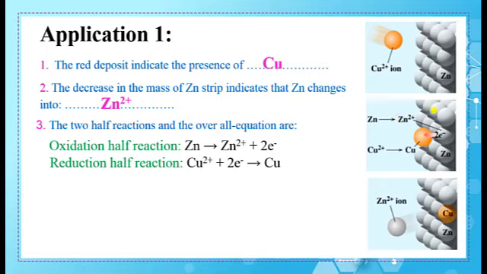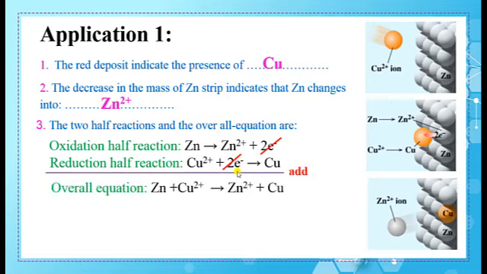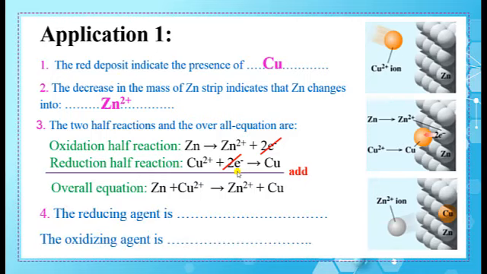Now here the electrons are equal. 2 electrons are lost and 2 electrons are gained. Then we do not have to multiply by any number. We add directly, simplify the 2 electrons, then the overall reaction will be Zn plus Cu2+ in the reactants will give Zn2+ and Cu in the products.